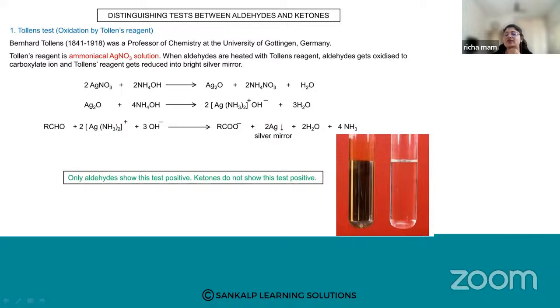Ketones won't react for this test, and both aliphatic as well as aromatic aldehydes give a positive test. What is Tollens reagent? It is ammoniacal silver nitrate solution. The formula is Ag(NH3)2OH, right? So this is about Tollens.